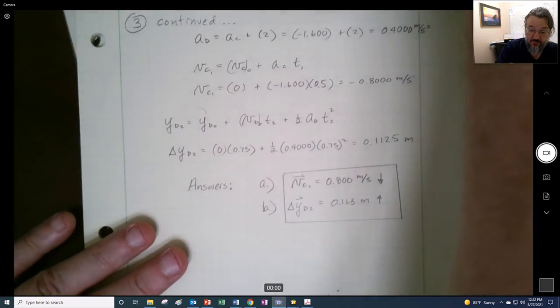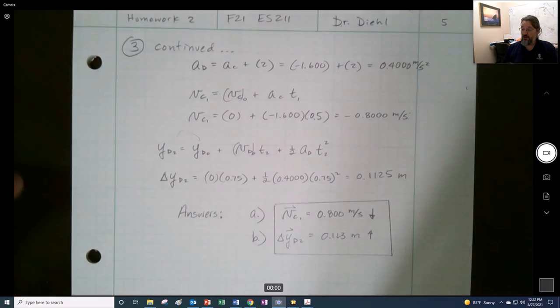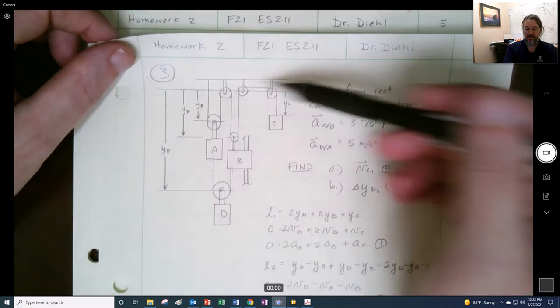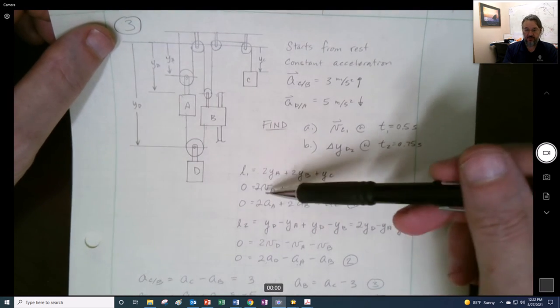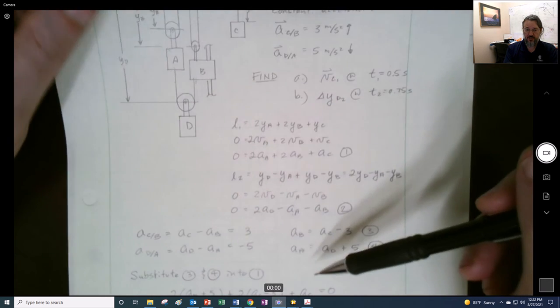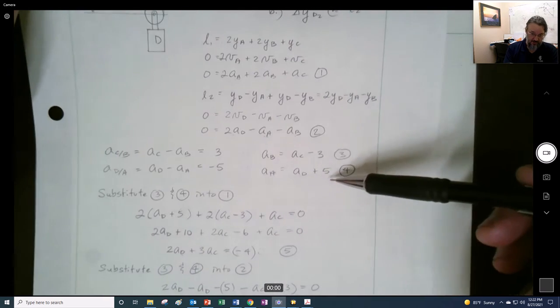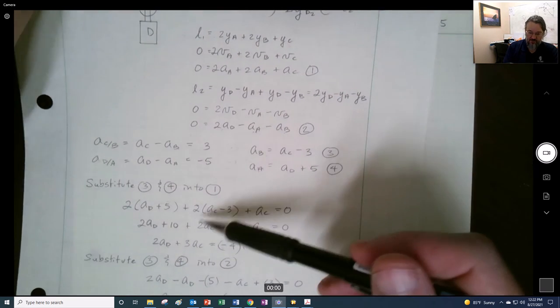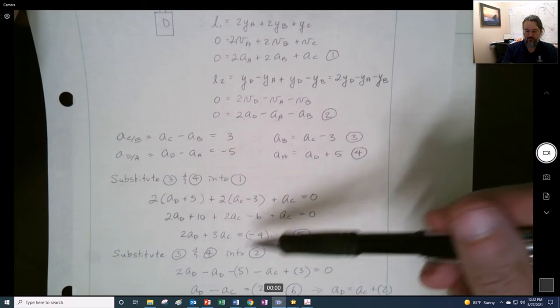All right, so we've done homework 2, and once again, let's do a little reflection on how we went about this. We were very systematic about figuring out what the lengths of these were, and that allowed us to get the dependent motion of the velocity and accelerations. We were given some acceleration information, so we were able to turn this around and substitute it back in, and we essentially had 4 equations and 4 unknowns.